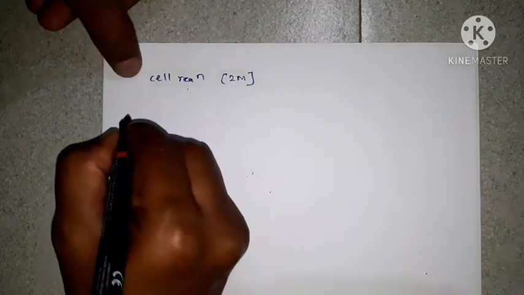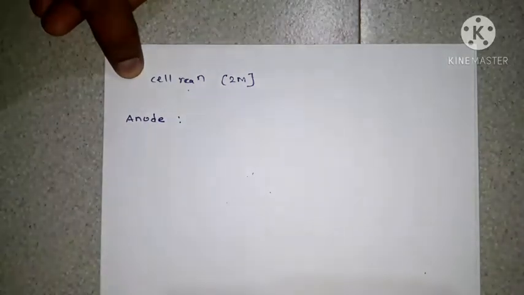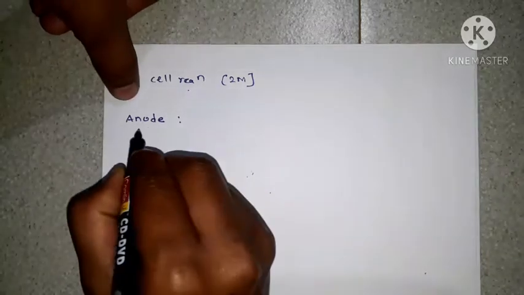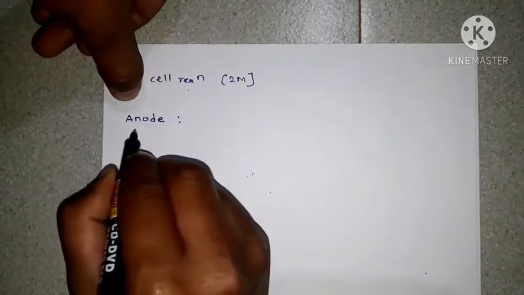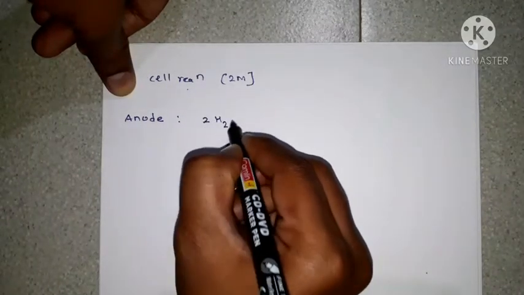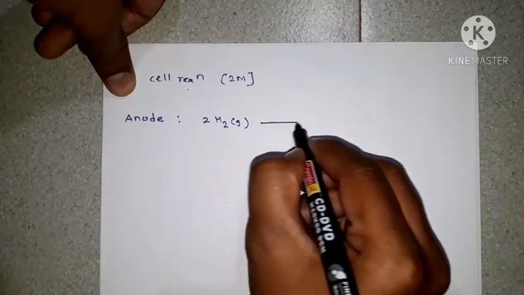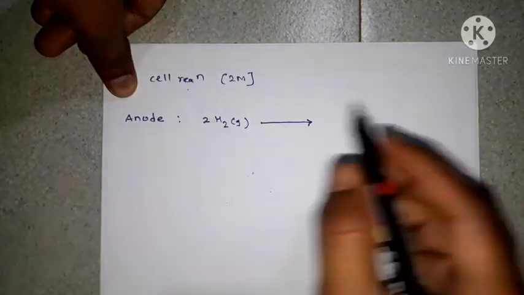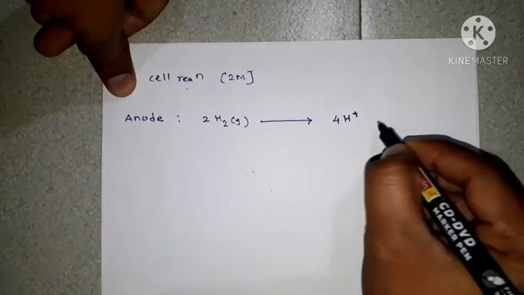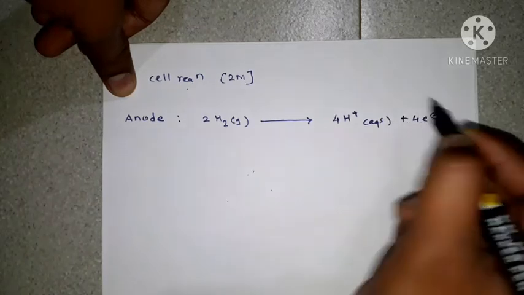Okay, in the cell reaction, on the anode a half reaction takes place. As we know, at the anode hydrogen gas is continuously passed. That hydrogen gas is taken as 2 moles, 2H2 gas, and it becomes oxidized: 4H plus aqueous plus 4 electrons.